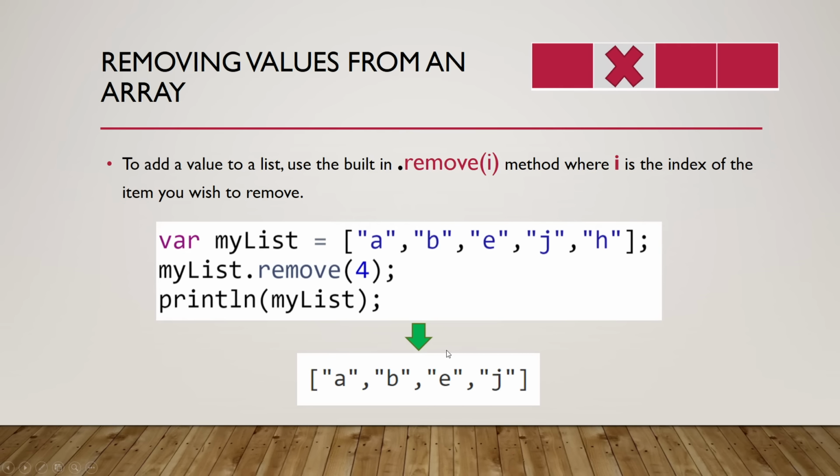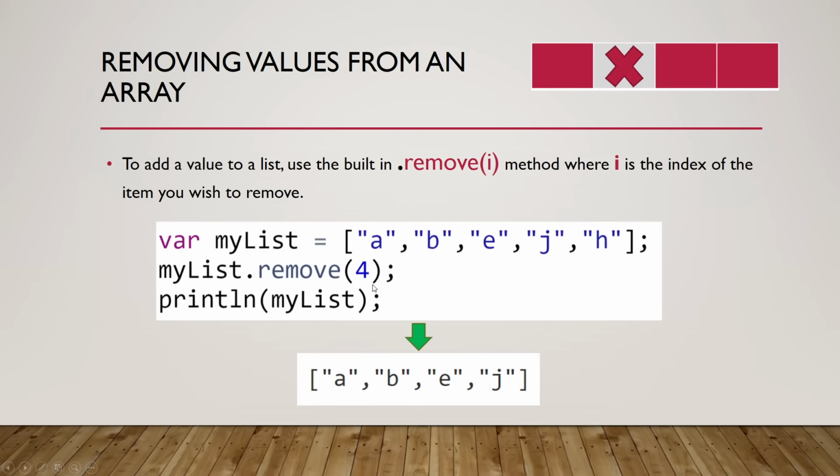So you can also remove things from a list by using the index. Use the name of your variable, .remove, and then in brackets, use the index that you're trying to remove. What's the difference between the square bracket and the round bracket? Well, these parentheses show you that remove is a method.